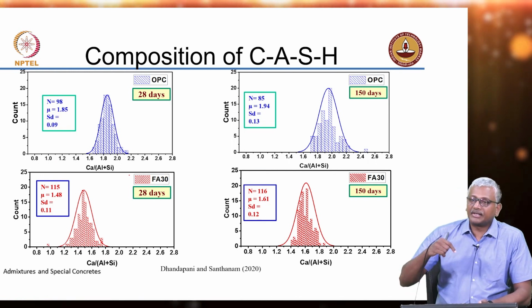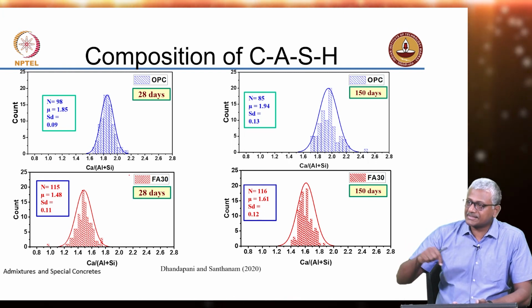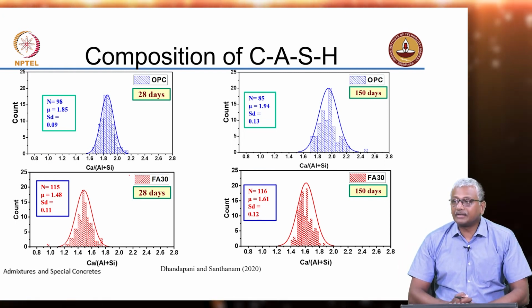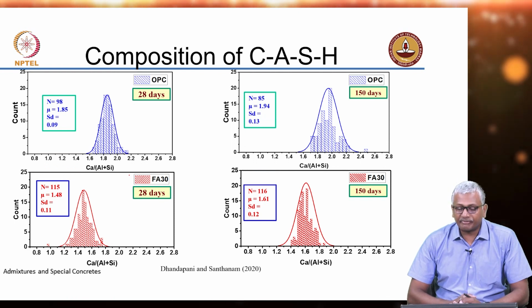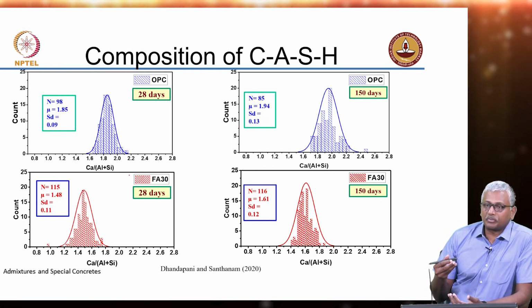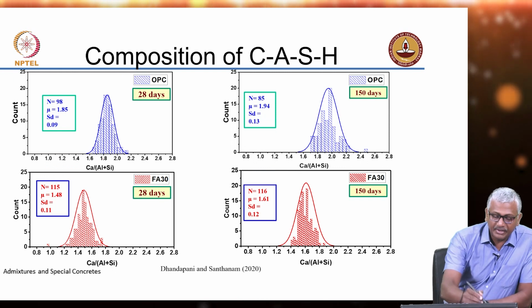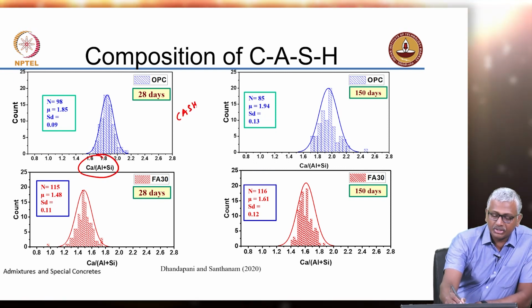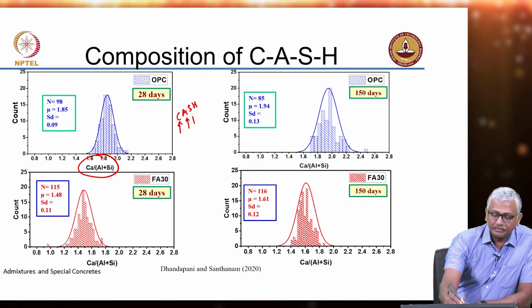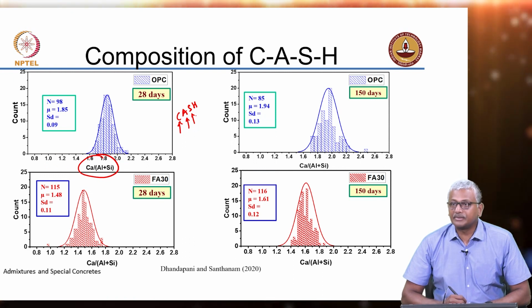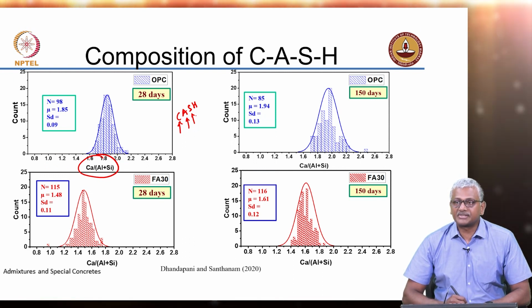So, you collect enough points on CSH and then analyze the elemental composition and get an estimate of the composition of calcium aluminosilicate hydrate. What is generally done is the elemental analysis that you obtain is presented in terms of the calcium to aluminum plus silicon ratio, because in C-A-S-H you have calcium, aluminum and silicon, right. So, it is presented in terms of the calcium to aluminum plus silicon ratio.